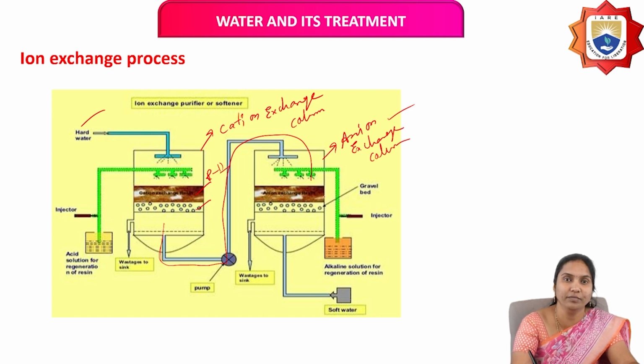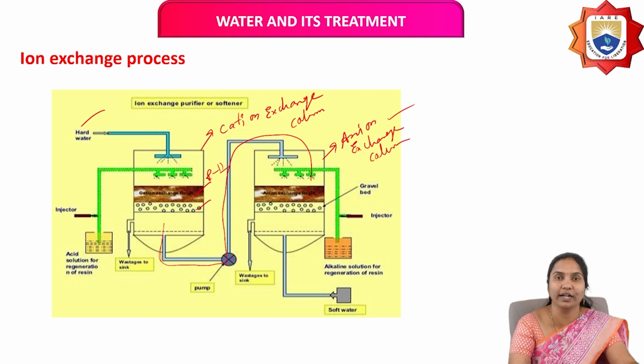This resin absorbs all the anions like bicarbonates, chlorides, sulfates which are present in water, and it gives its OH minus ions into the water, being capable of exchanging its OH minus ions into the water.